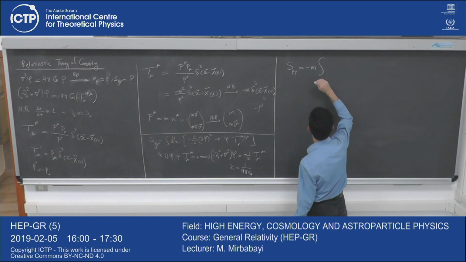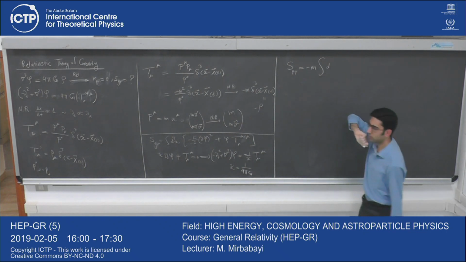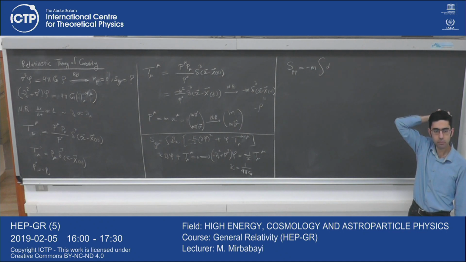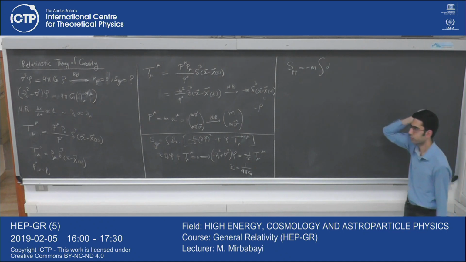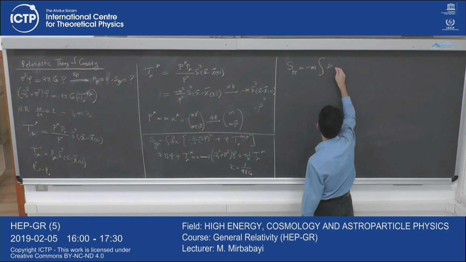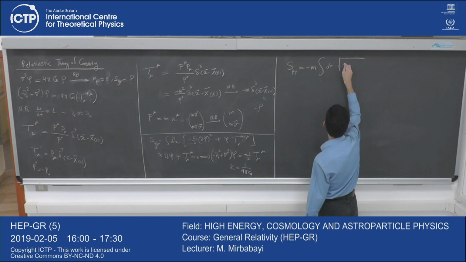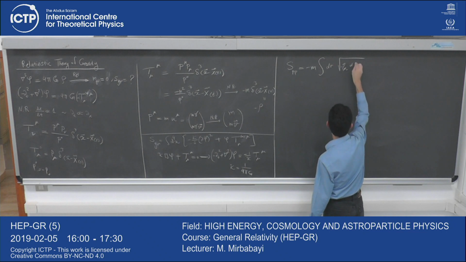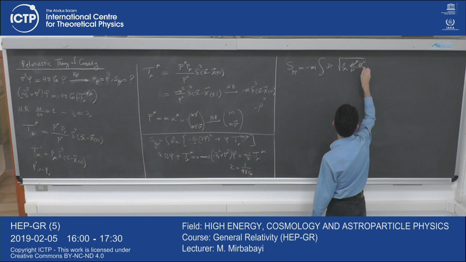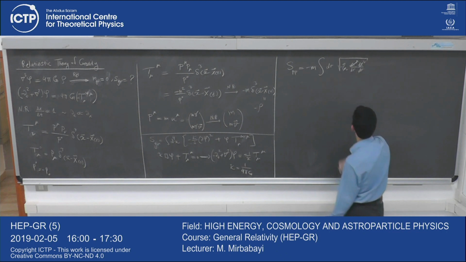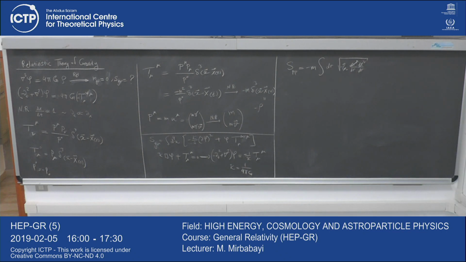So we go back to the point particle action and ask how would we couple it to this dilaton field? Let's remember how it looked before. We had this eta mu nu times dx mu d sigma dx nu d sigma. And now we want to couple it to phi. We want to introduce this phi field here in some way.